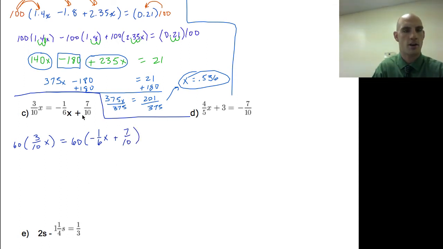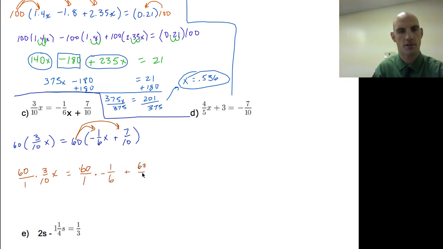I notice that on this right side I'm going to have a little distributive property here. And so let's look at what this looks like. I'm multiplying fractions, and so I'm going to use 60 over 1 times 3 over 10 times x equals, and on this other side I'm going to have 60 over 1 times minus 1 over 6 plus 60 over 1 times 7 over 10.